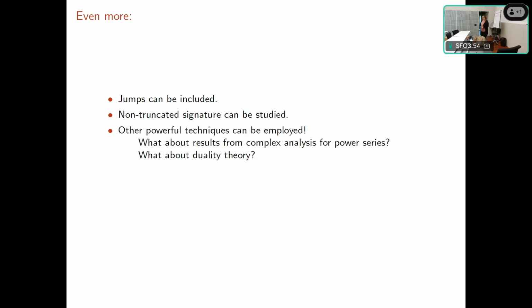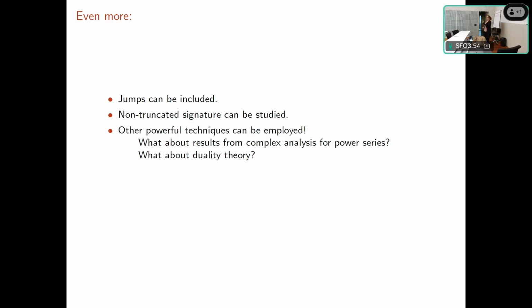One can use duality theory, which is when you have two processes for which, if you have a function that depends on both of them, they share expectation, meaning that if you fix one and let the second one run, you get exactly the same expectation as fixing the second and letting the first one run.